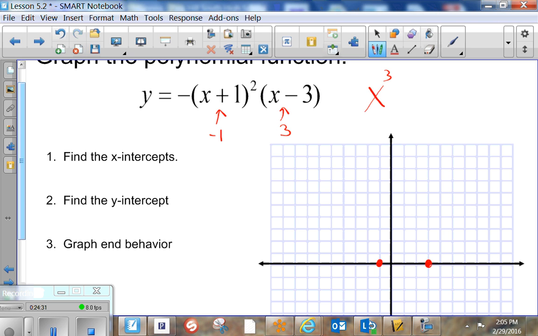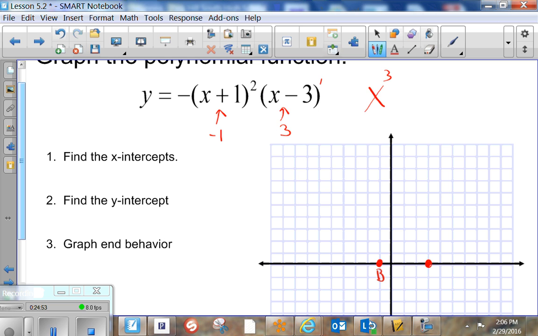However, this one is a square. So what's going to happen at -1? It's not going to squiggle. It's going to bounce because this is an even exponent. So I'm going to put a B here to remind me to bounce right there. And then the other one is just the first power. It's just going to go straight through.